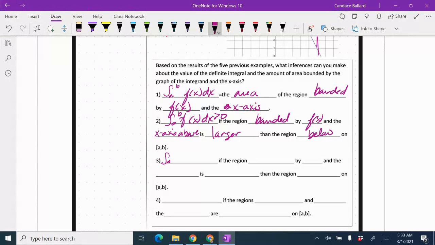If the integral from a to b of f of x dx is less than 0, the region bounded by f of x and the x-axis below is larger than the region above.